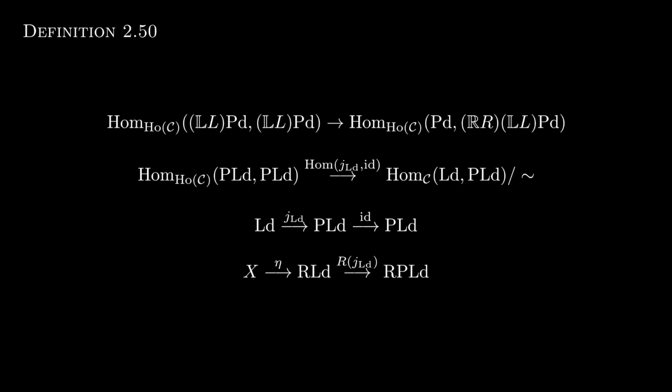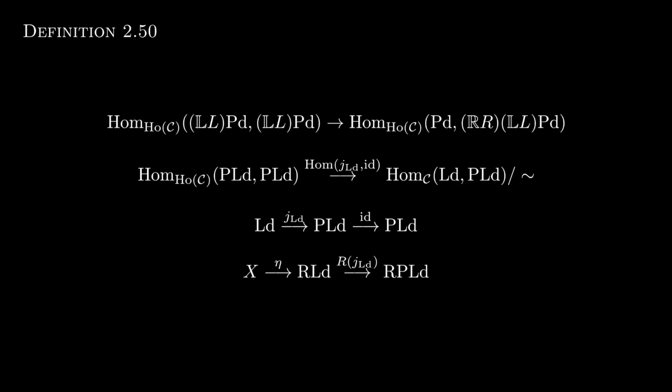On the right, we have our equivalent Hom set in regular C. So the adjunction unit is equivalently the image of the identity in this, so again, this is after the Hom functor. So it is a map from LD to PLD to PLD to PLD again, or simply just LD to PLD to PLD. Indeed, this is equivalently by adjunct properties this composite, which is a derived adjunction unit.